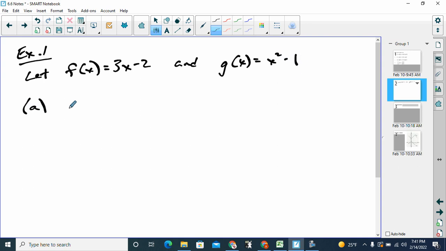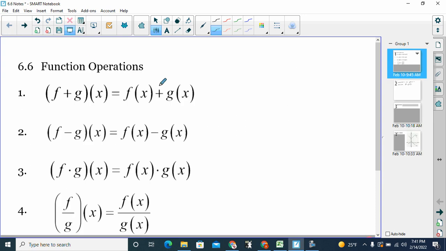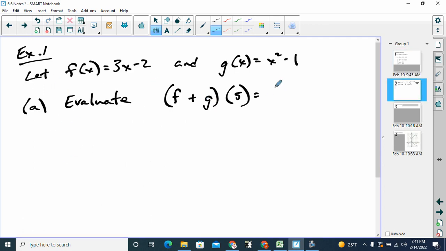Part A asks us to evaluate f plus g of 5. So this notation where it says f plus g of 5, I think it's usually easier to think about the other way that I wrote these, the way on the right here. So I'm always going to rewrite it in these terms anytime it's given to me. So f plus g of 5, that's the same thing as f of 5 plus g of 5.